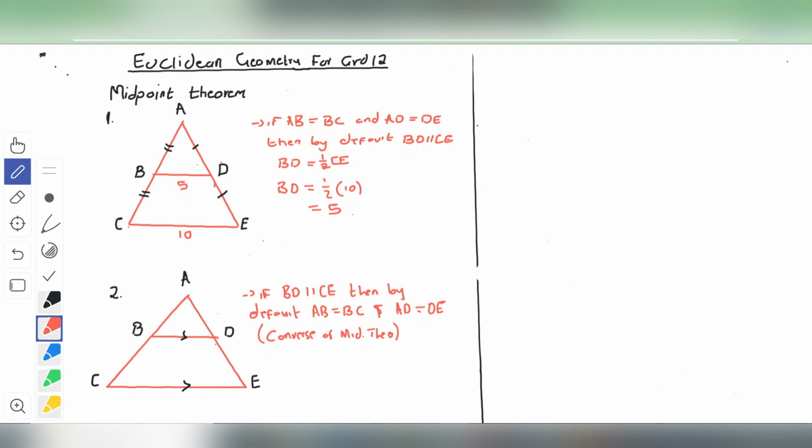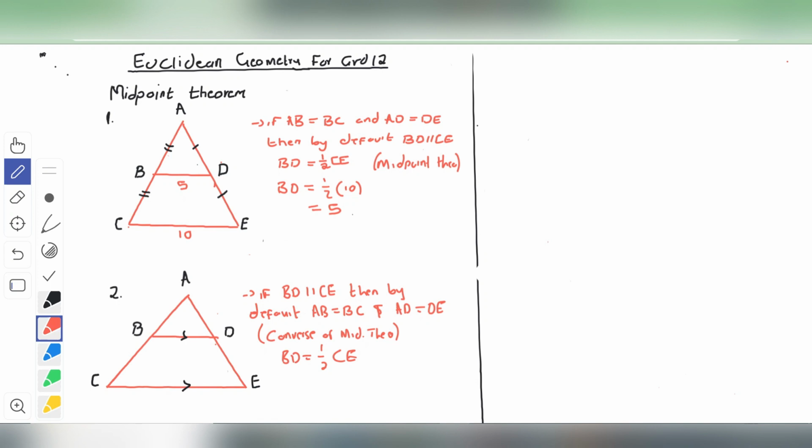So this one, whereby you're going to say AB is equal to BC, then by default BD is parallel to CE, we know it's going to be the midpoint theorem, right? So after knowing these things, we now know that, like we said, BD is equal to half of the distance of CE. Knowing these things, guys, is going to help us a lot.